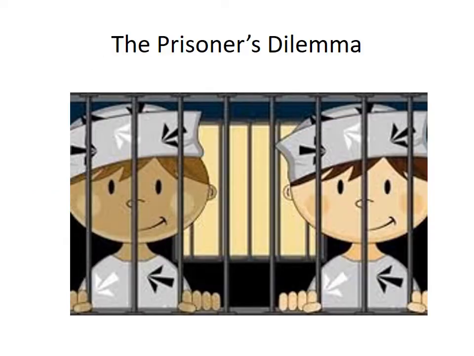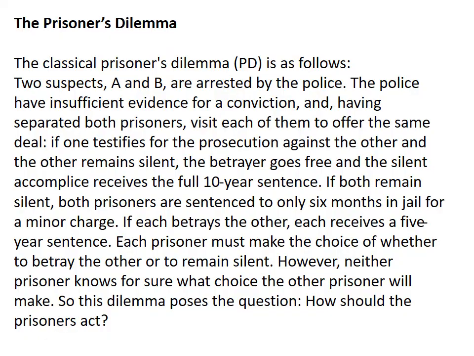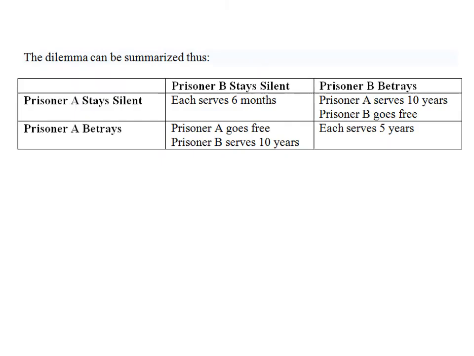So in class, we're going to do an activity called the prisoner's dilemma. If you are learning remotely, I'll let you pause and read this, but this is an activity that we do in class. We'll have a numerical example from a past IB exam that we'll go through together. And then we have the partners state whether they stay silent or betray and look at the results.